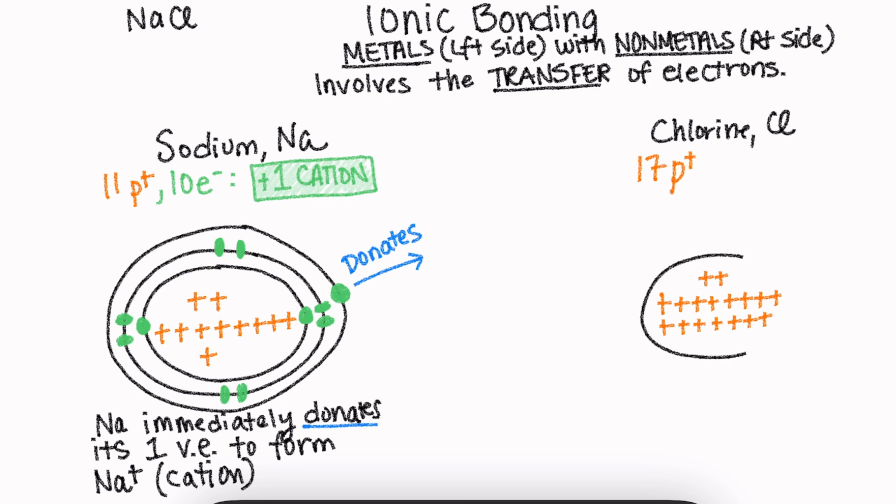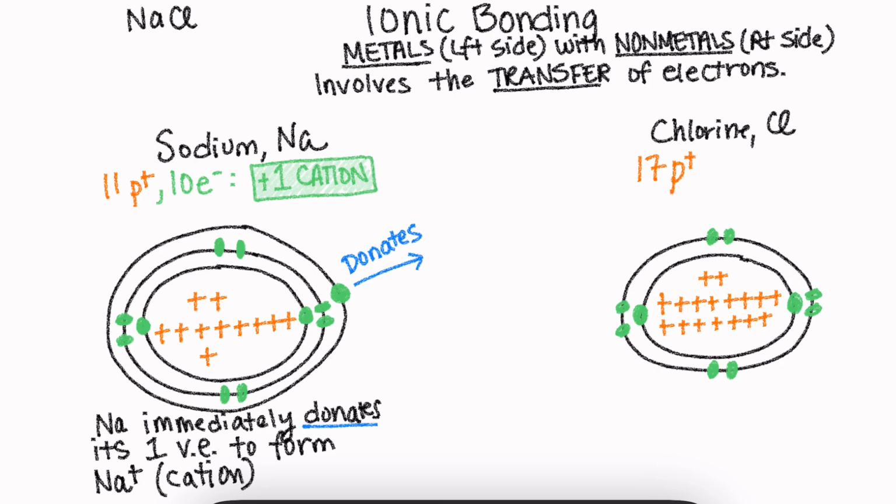Then we'll give it its first electron shell and put 2 electrons here, 1, 2. Then the next shell can hold 8, right? Go 1, 2, 3, 4, 5, 6, 7, 8. So now we're at 10, right?